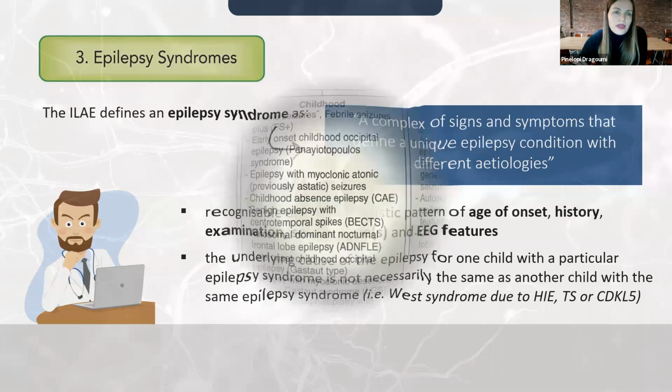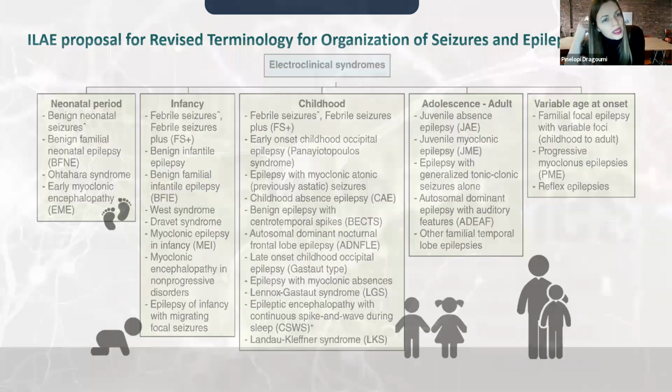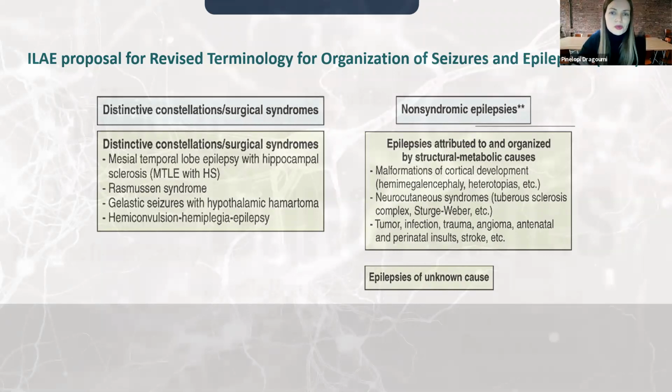And this is just a list of all the syndromes organized by age, and also other epilepsy conditions that are not defined as syndromes, which are actually very common, like the epilepsy which is secondary to this.